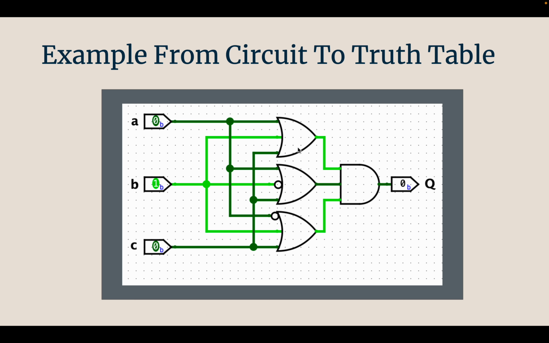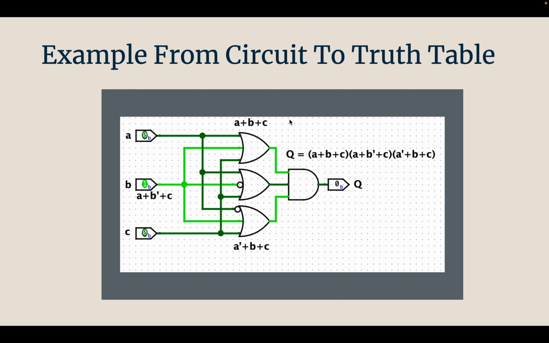We have these three OR gates with the NOT gates representing the primes, so we know this would equal A plus B plus C for the first gate, A plus B prime plus C in the second gate, A prime plus B plus C in the third one. And then our last AND gate right here represents the whole equation, with Q being our output.